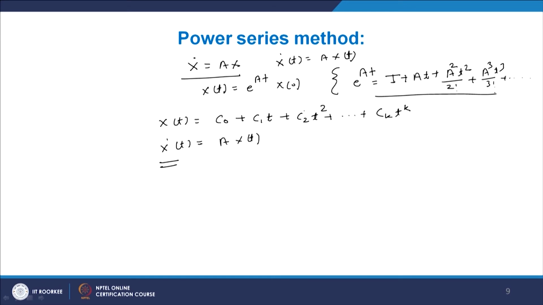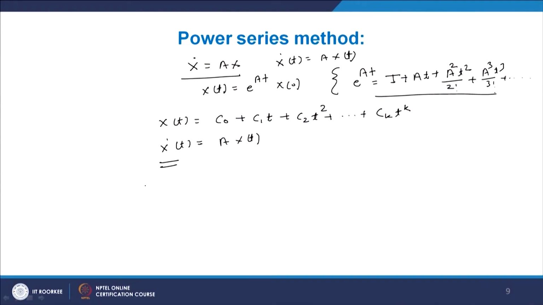If you differentiate, the term C0 will not be present, so terms of C1, C2 up to Ck will be present. Therefore, we write the equation as C1 plus the differentiation of this, 2 C2 into t, plus 3 C3 into t square, and this process repeats, that is, C3 t cube gives 3 C3 into t square, equal to A into x of t.